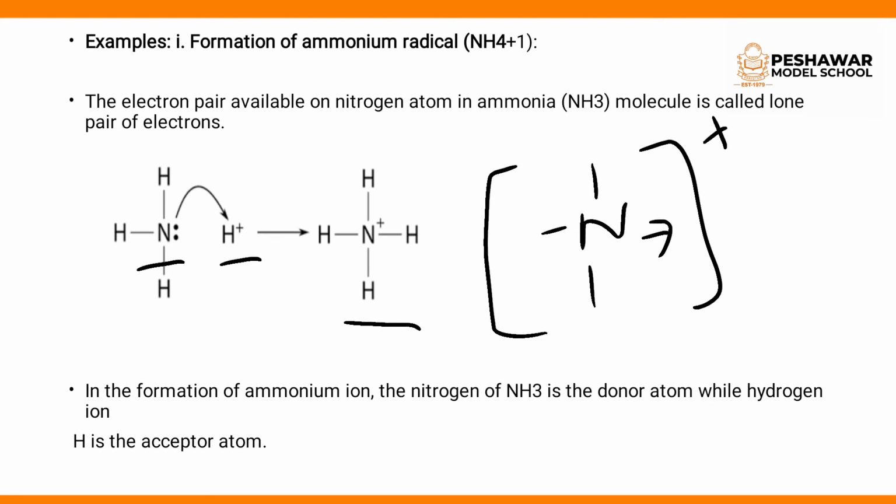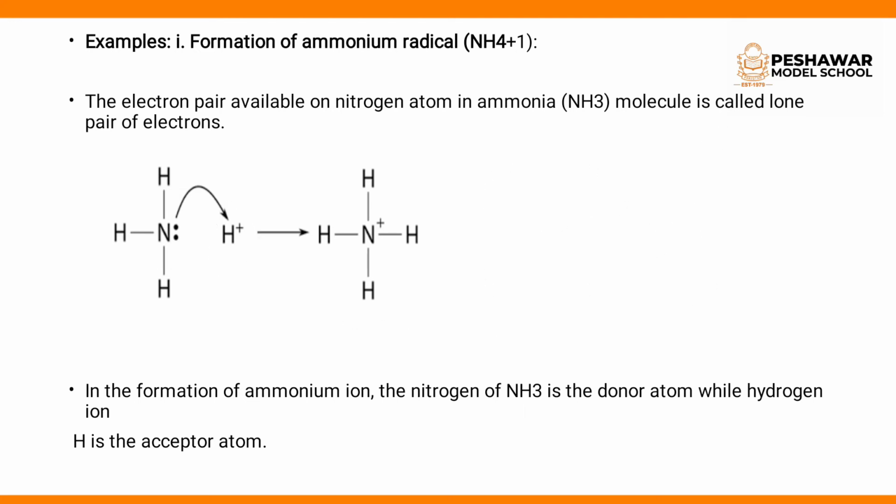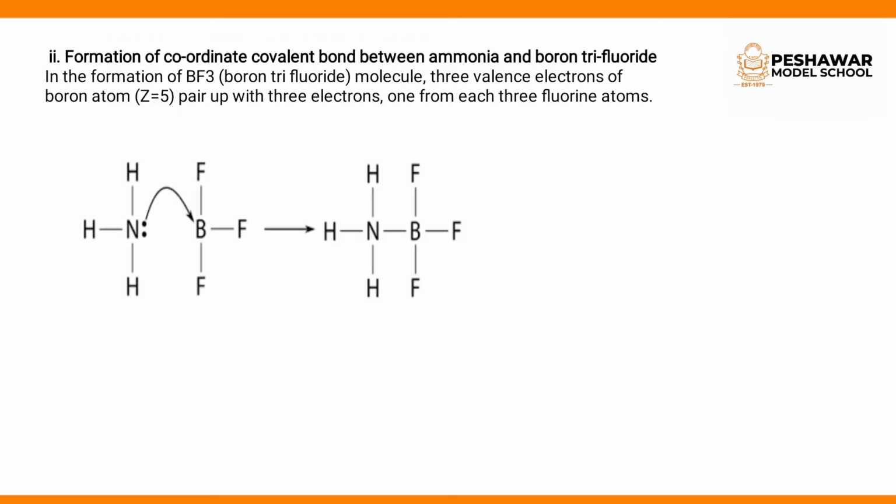On the whole, the complex has a positive charge because there is a positive charge on the hydrogen ion. In the formation of the ammonium ion, the nitrogen of ammonia is the donor atom because nitrogen is donating its electrons, while the hydrogen ion is the acceptor atom because hydrogen is accepting those electrons.